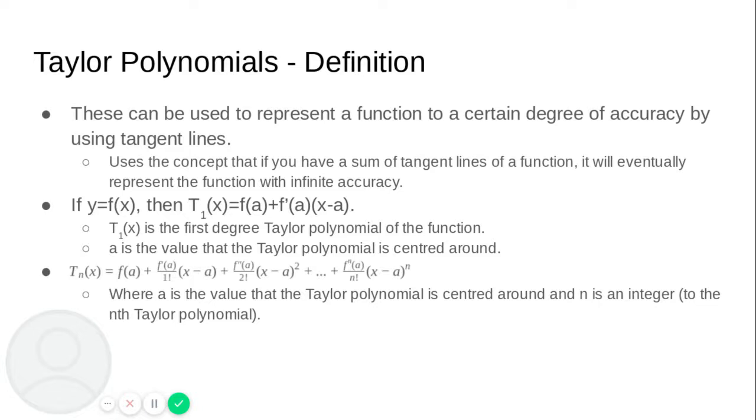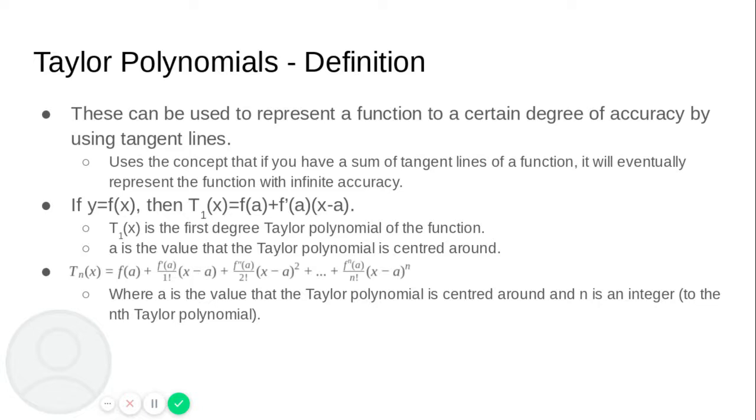We can expand this definition, and it will become: the nth Taylor polynomial is f of a plus f prime of a over 1 factorial times x minus a, plus the second derivative of f at a over 2 factorial times x minus a squared, plus, and so on.